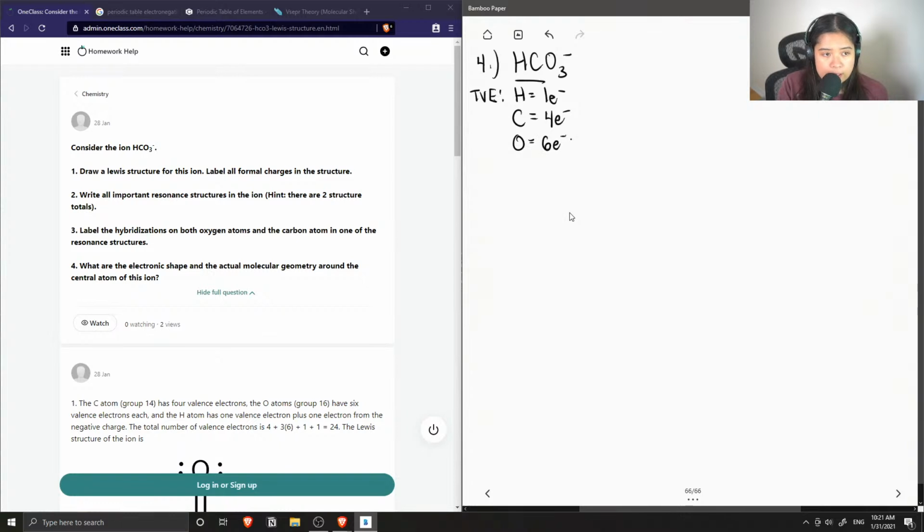And since there are 3 oxygen atoms, we multiply this by 3. And also notice that the overall charge of this ion is -1, so we need to add an additional electron to this count as well. So if we count out how many valence electrons are in the structure, we get a total of 24.